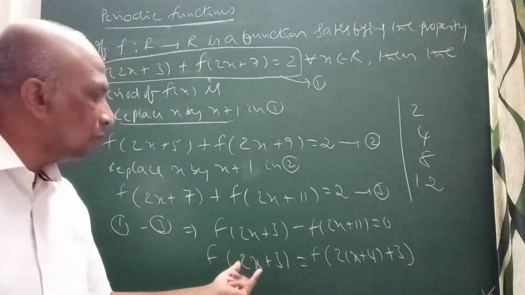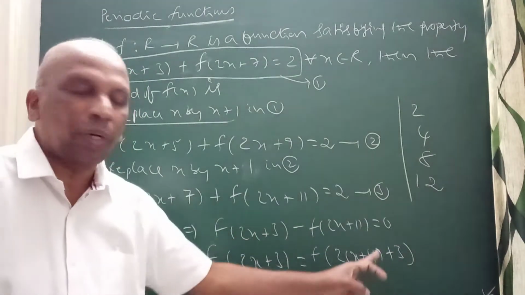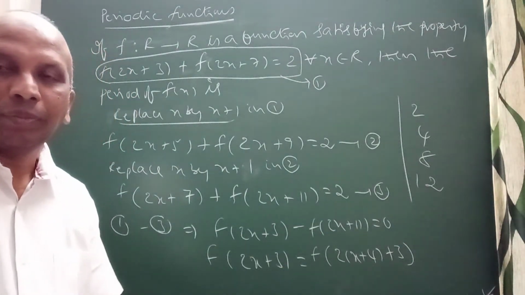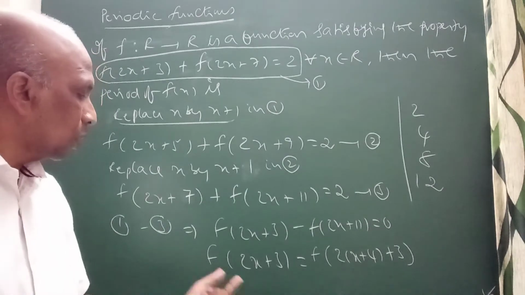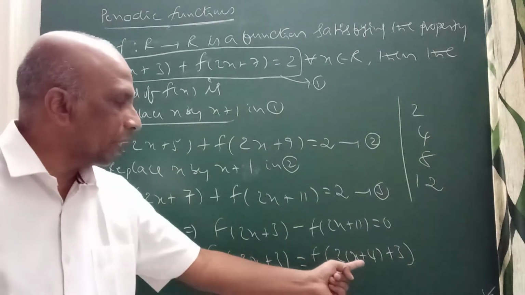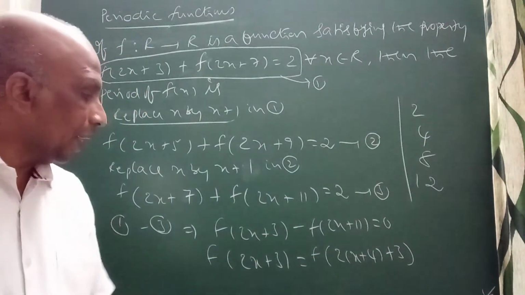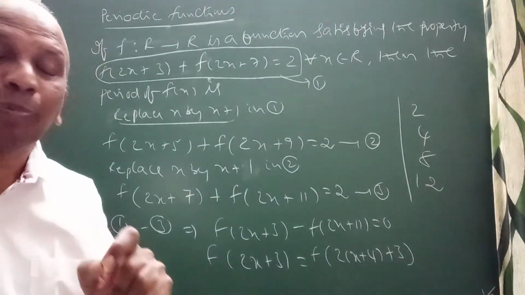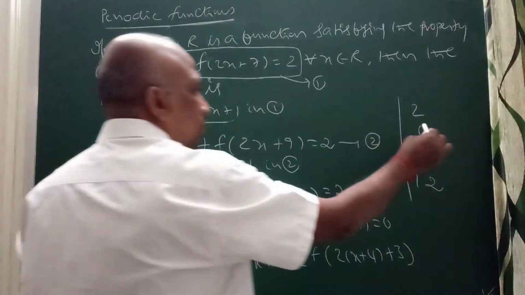You can see it is in the form 2x plus 3, 2 into x plus 4 plus 3. So I replace x with x plus 4. Both are equal. So it's a periodic function with period 4.